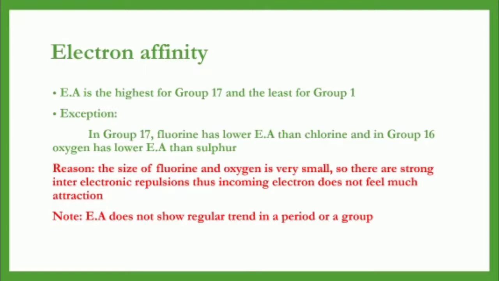Next one, in group 17 fluorine has a lower electron affinity than chlorine, and in group 16 oxygen has a lower electron affinity than sulfur. Why? Because the size of fluorine and oxygen is very small. There are strong inter-electronic repulsions, thus the incoming electron does not feel much attraction.